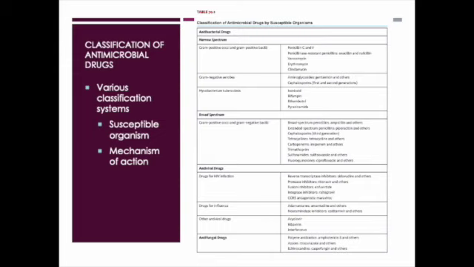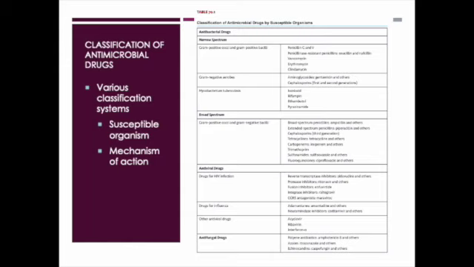So with narrow spectrum drugs, we are targeting gram-positive cocci and gram-positive bacilli. We're also going to target gram-negative aerobes and Mycobacterium tuberculosis. These are all narrow spectrum. They're going to treat only these types of microbes.